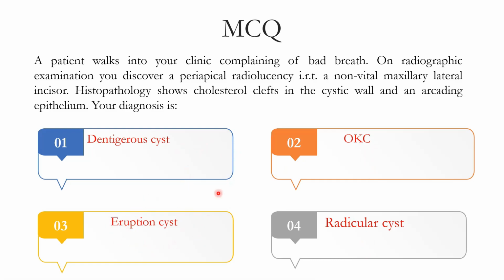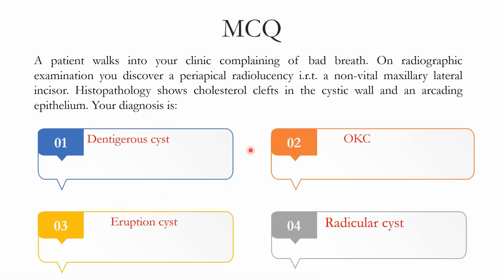Eruption cyst also shows similar histopathology to dentigerous cyst, and it is usually associated with a tooth which is erupting. Dentigerous cyst is associated with an impacted tooth, and OKC could also be associated with an impacted tooth and is seen in the posterior mandible rather than the anterior maxilla.